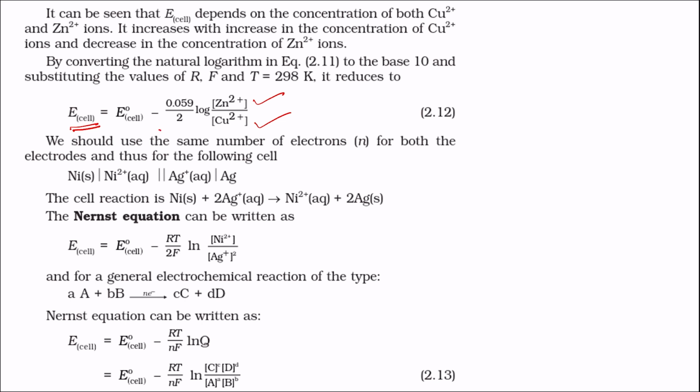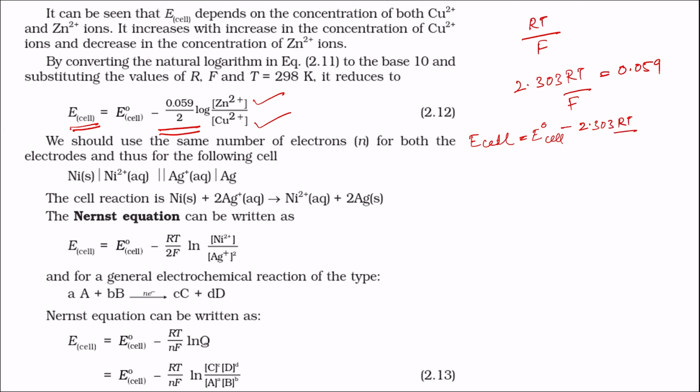Now what is this 0.059 by 2? When natural log is changed into log to the base 10, the value of 2.303 RT by F is equal to 0.059. The equation for E cell becomes standard electrode potential minus 2.303 RT by nF log of Zn2+ ions divided by Cu2+ ions.